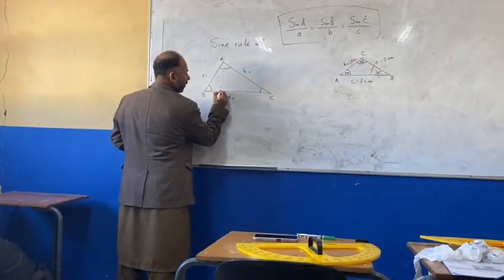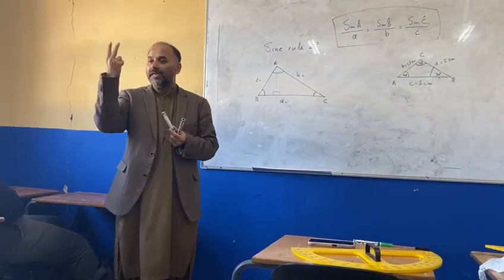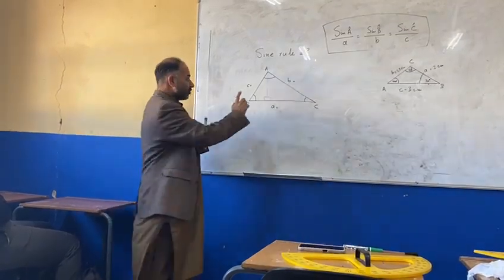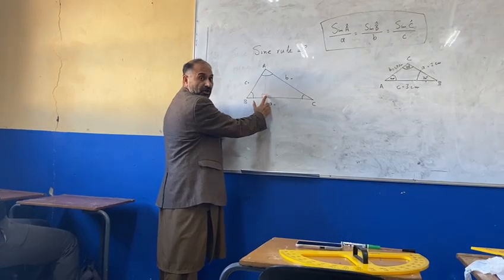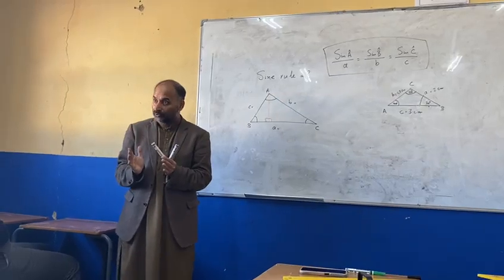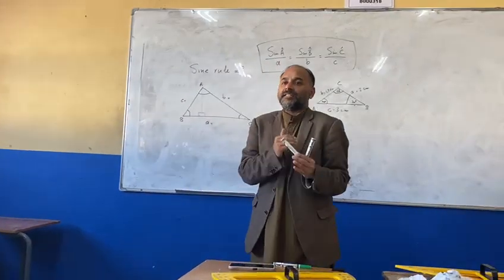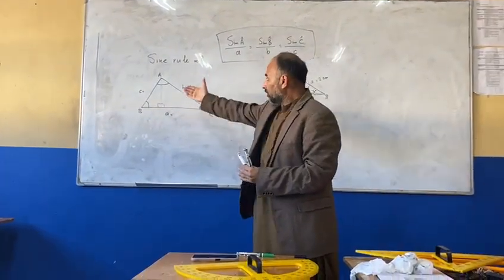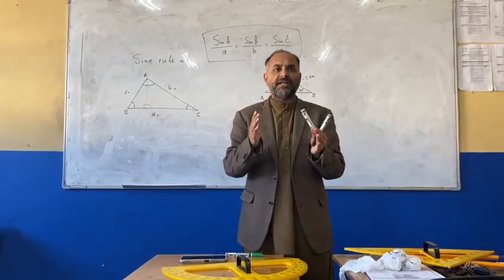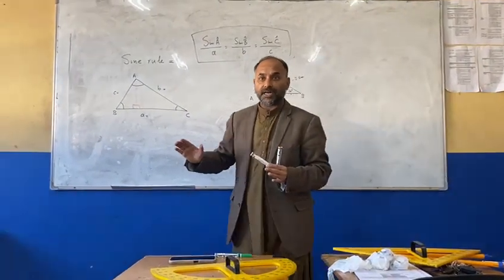Perpendicular line makes two right angles, so this is 90 degrees, this one is also 90 degrees. This perpendicular line is dividing our triangle into two right angled triangles.